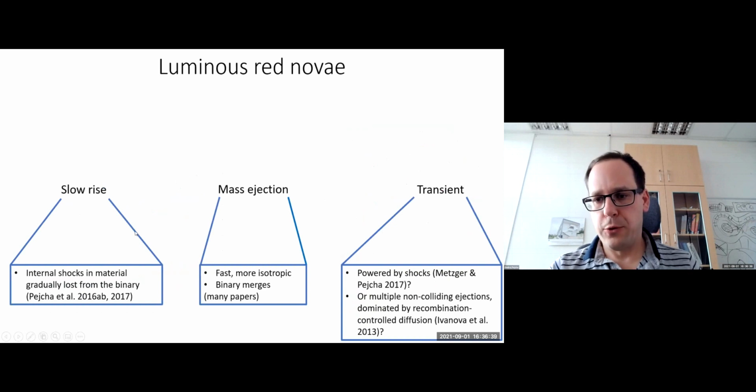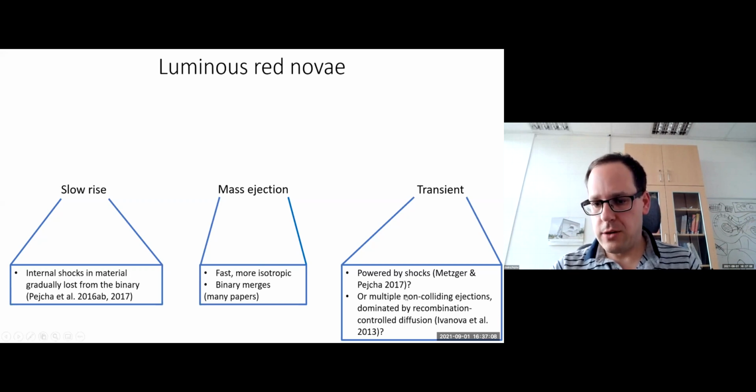For example, for the slow rise, we have argued that these are caused by internal shocks in material that is gradually leaving the binary. The mass ejection is a dynamical event that has been investigated many times in the field, that would correspond to the common envelope or stellar merger, the dynamical phase. And we have seen contributions on this during this conference.